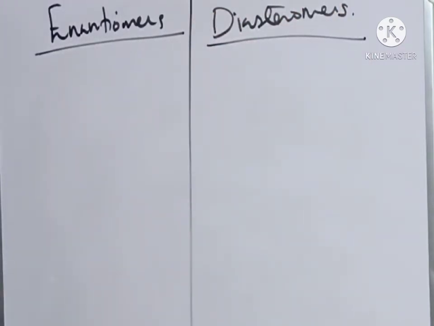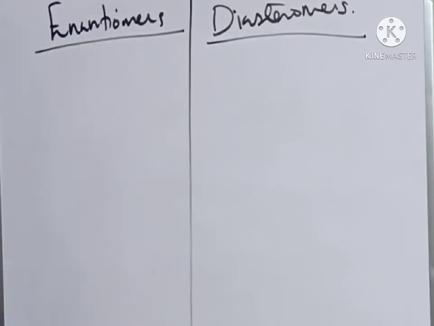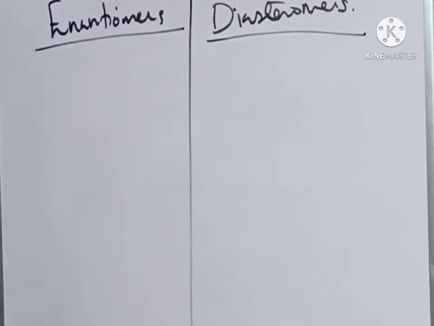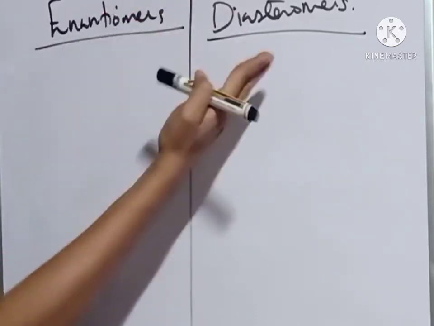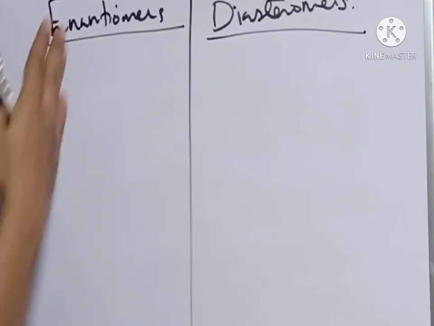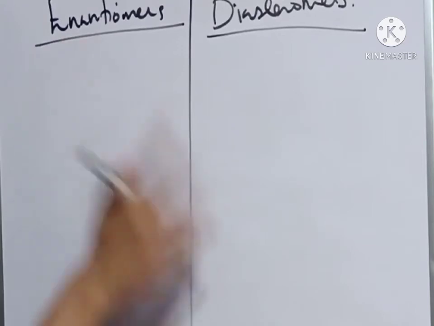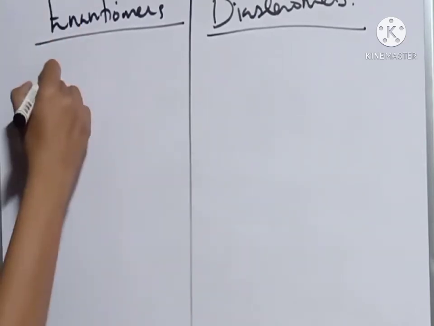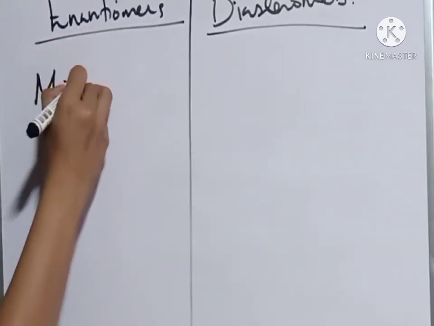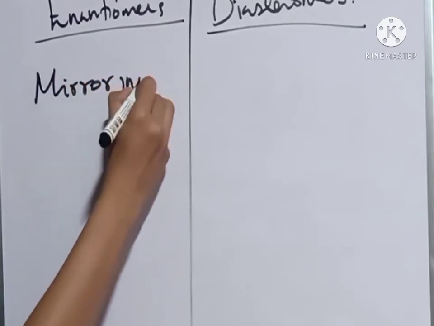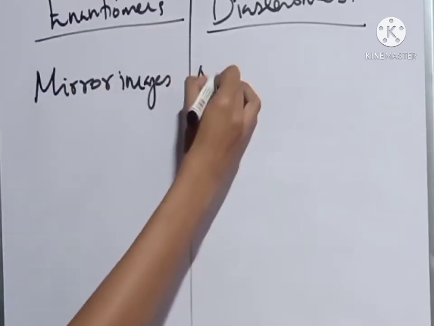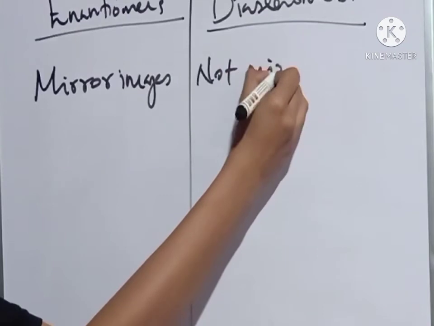Enantiomers are non-superimposable mirror images. Diastereoisomers are also non-superimposable, but they are not mirror images. So we can write here they are mirror images, but here not mirror images.